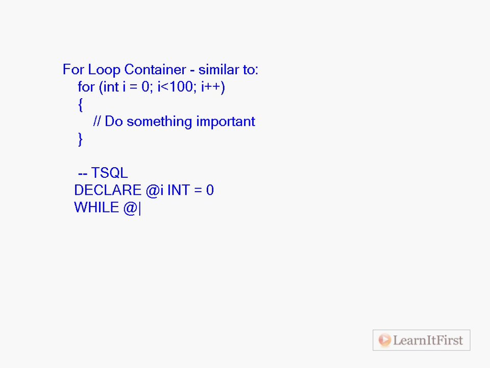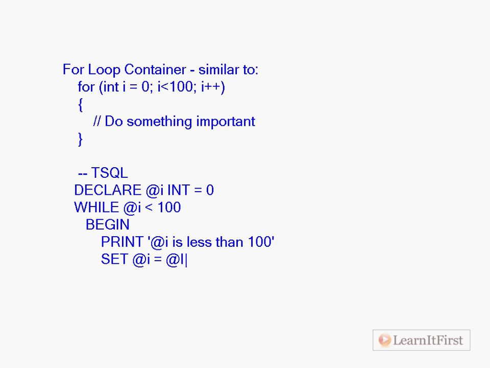We could just say WHILE @i < 100, PRINT @i, SET @i, and I'm just going to use the older style syntax here, and then END. So this would be a more declarative syntax than the C# style you see there, but it's just iteration, right? That's all that you're going to be doing.